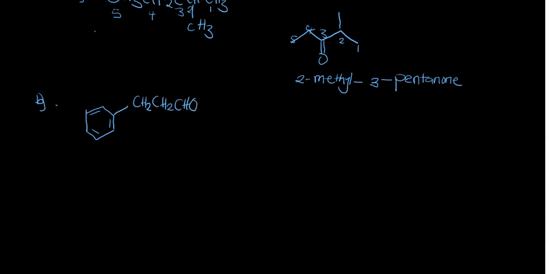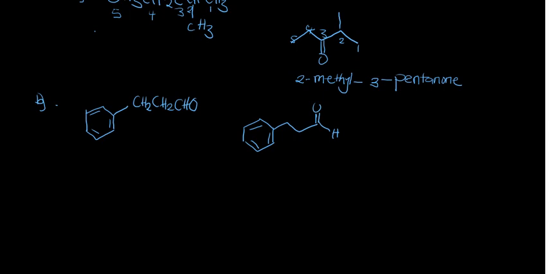If this is not making sense, or you are not able to see which one is the functional group, you can draw it into this form: 1, 2, 3. On carbon number 3 you have this functional group like this. So from here we can see the functional group, which is an aldehyde.